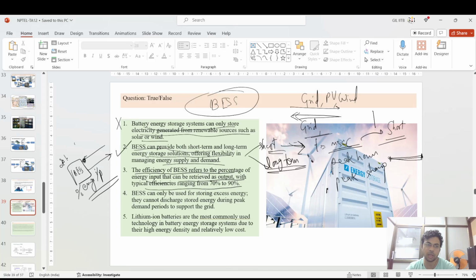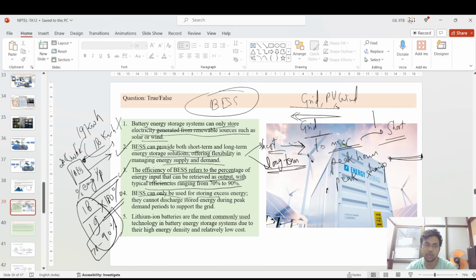Why? Suppose your battery capacity is 20 kilowatt hour, you stored 19 kilowatt hour, and you send out 18 kilowatt hour. So efficiency is 18 divided by 19, multiplied by 100. And typically it ranges from 70 to 90%, not 100%, because converter losses are there in the system.